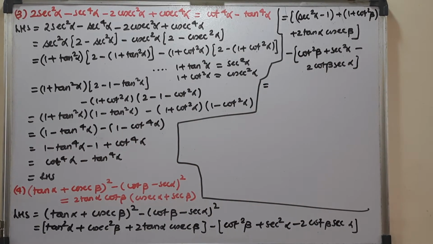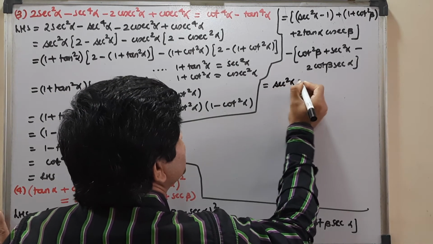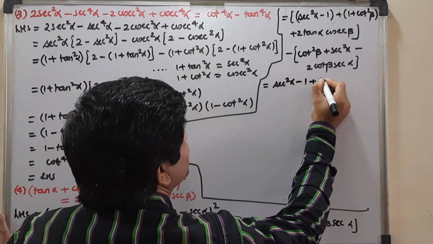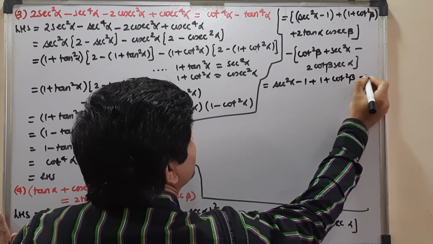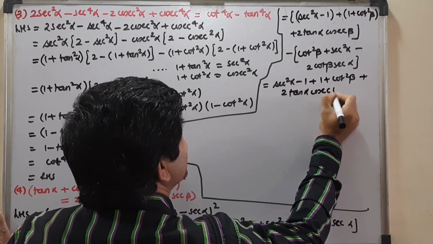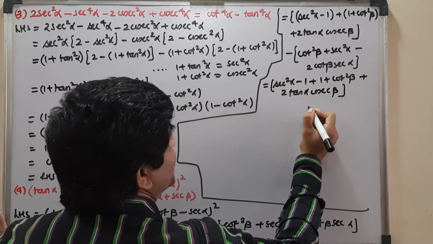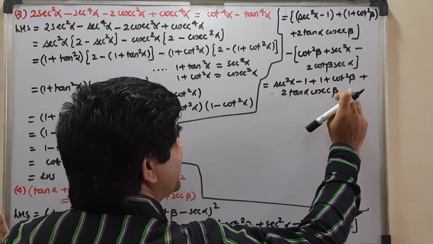Now opening the bracket, what I get here is sec square alpha minus 1 plus 1 plus cot square beta, plus 2 times tan alpha cosec beta, bracket closed. I am opening it, so I will remove this directly from here.